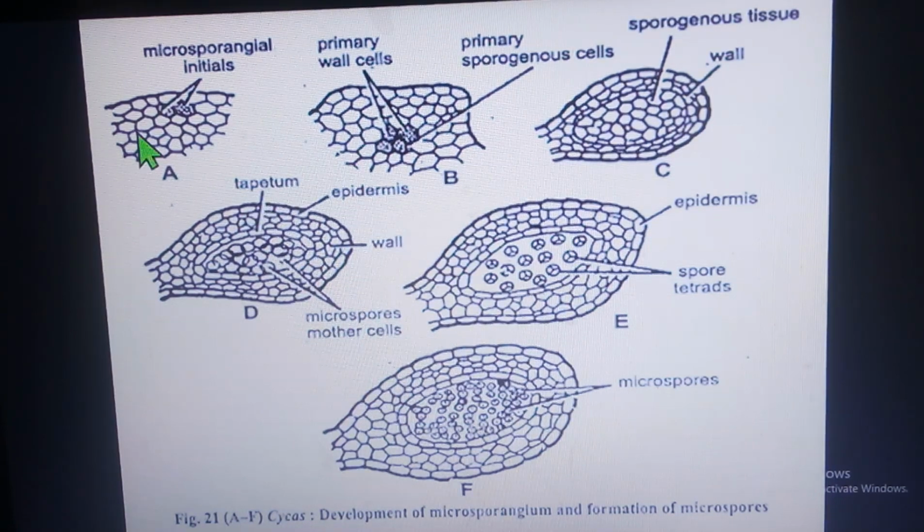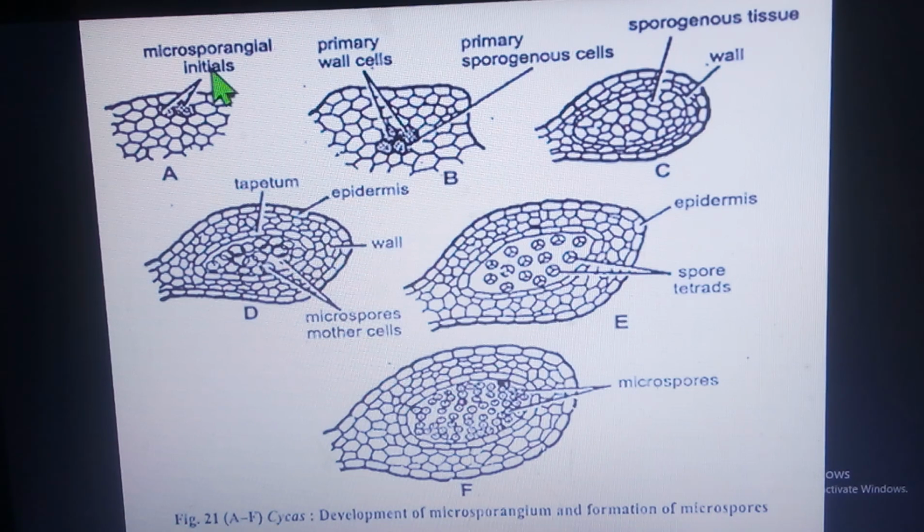The microsporangium develops from a single cell, the microsporangial initial. These microsporangial initial cells arise from the hypodermis of the sporophyll.